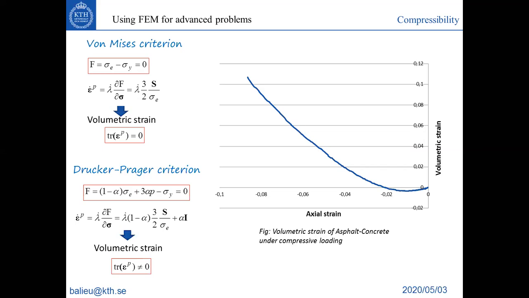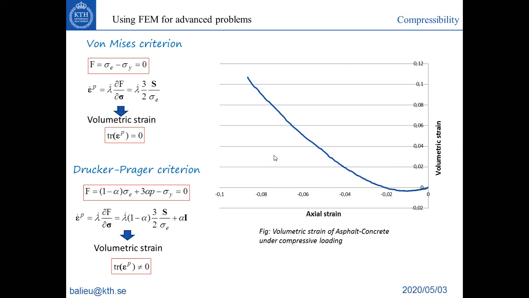To summarize, there is no change in volume due to plasticity with the von Mises criterion, and there is a volume change due to plasticity with the Drucker-Prager criterion. As you can imagine, the Drucker-Prager criterion is better to describe materials like asphalt concrete, soil or polymer.